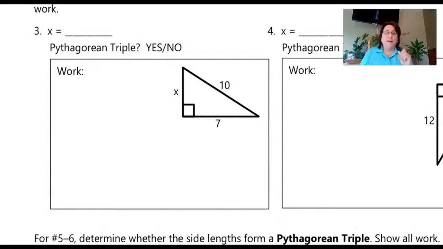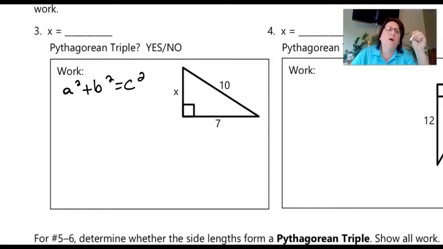Because I have a right triangle and because I have 2 side lengths, I can use the Pythagorean theorem. Remember, a squared plus b squared equals c squared. Hey guys, do you remember, I said it just a second ago, which side of a right triangle always has to be c?